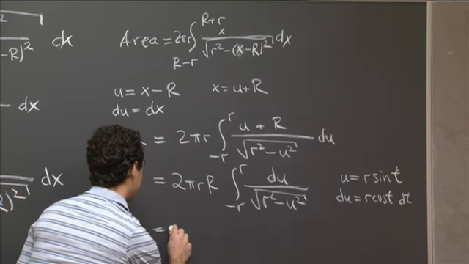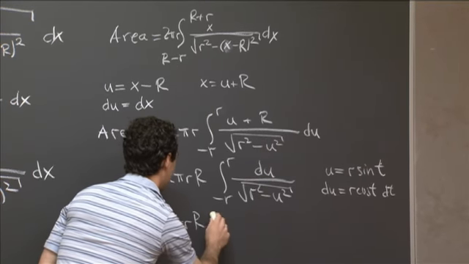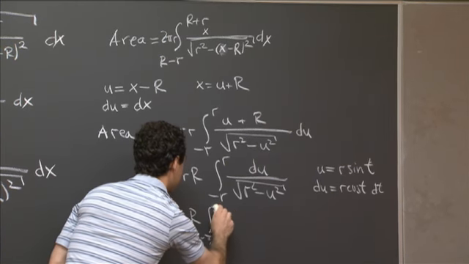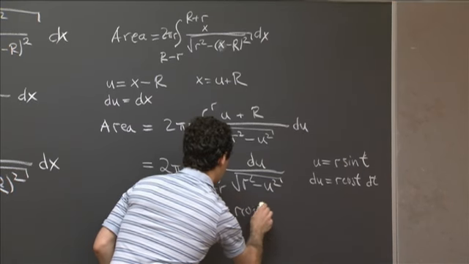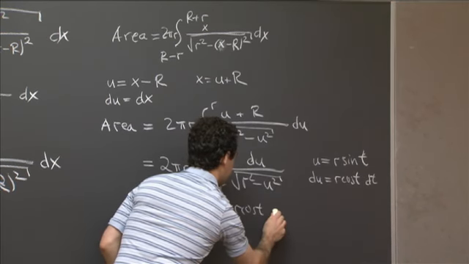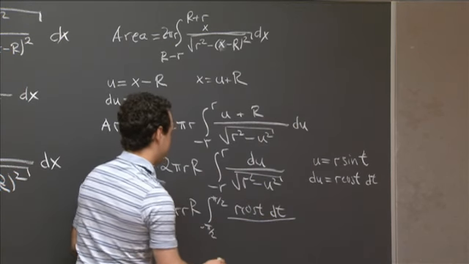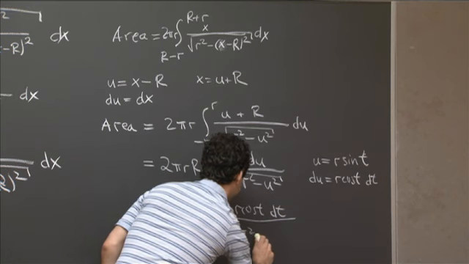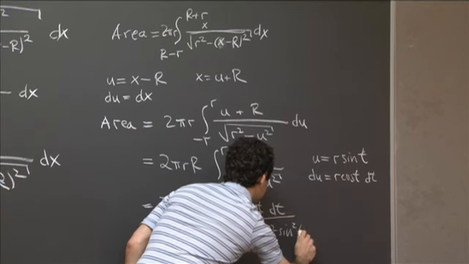So this is equal to 2 pi little r big R times the integral from minus pi over 2 to pi over 2 of r cosine t dt, divided by the square root of r squared minus r squared sine squared t.